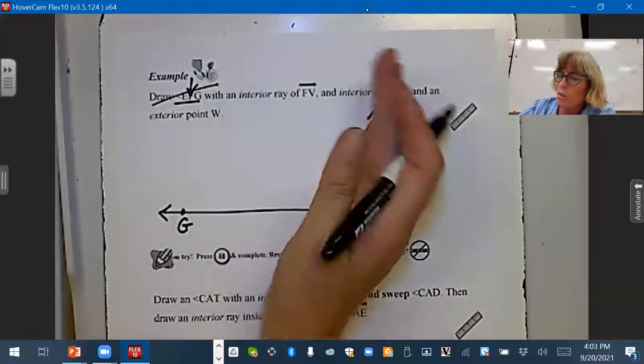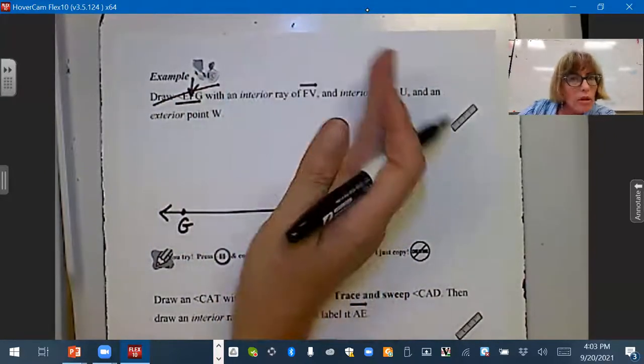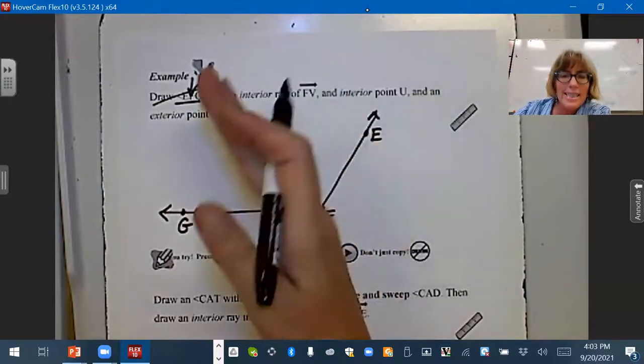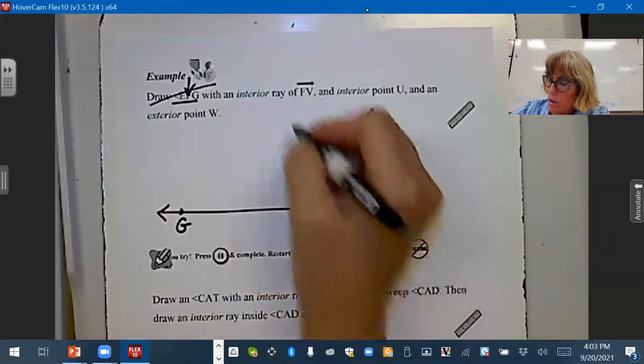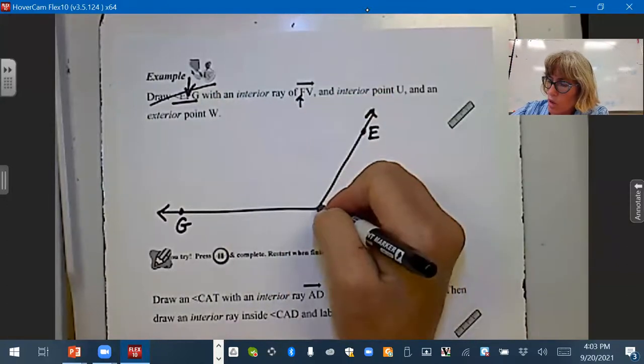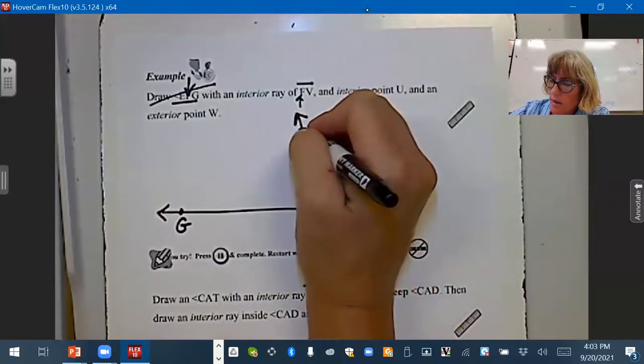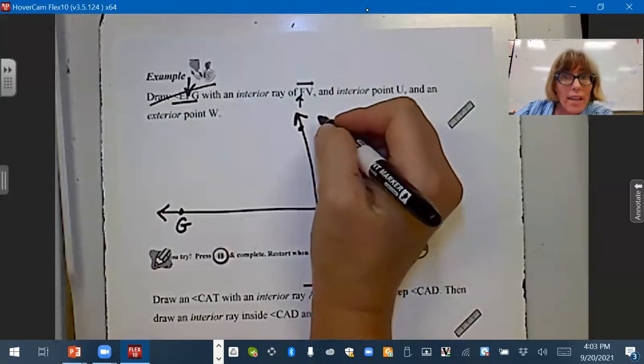Interior ray. Interior means a ray somewhere in the middle, but it didn't say it's in exactly the middle. Exactly in the middle is a bisector, and that's the next lesson. So notice F is the vertex, so somewhere inside I have FV, the ray.